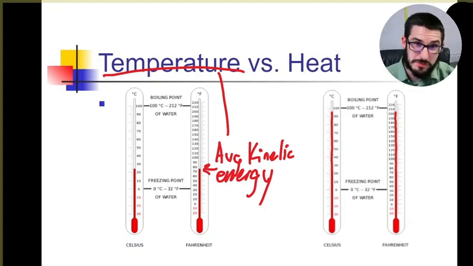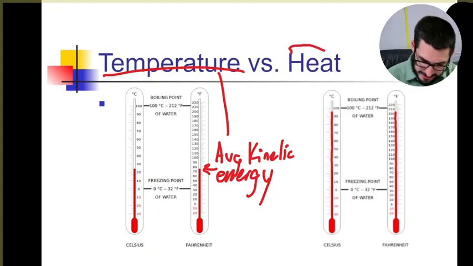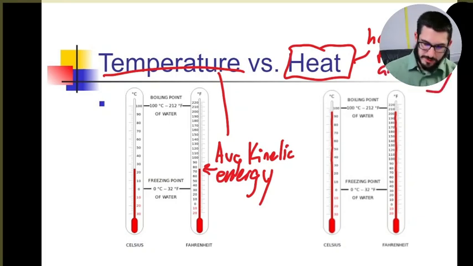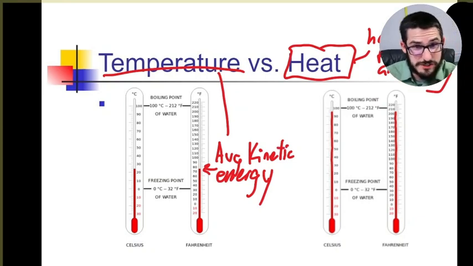Okay, so that's the measurement of the temperature. Heat has to do with how fast particles are moving. So heat has to do with the speed of the particles, and the temperature has to do with the average kinetic energy. So that's the difference between those two.